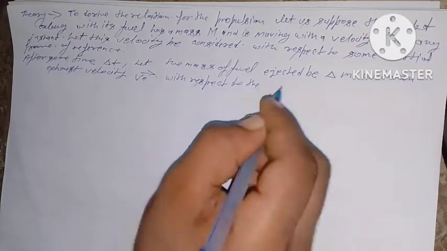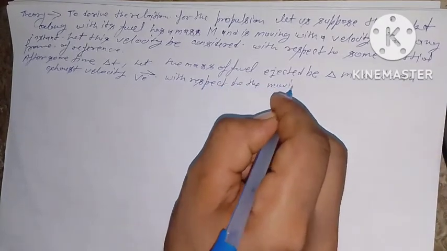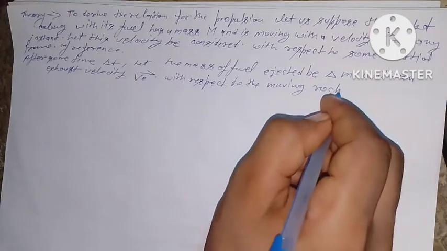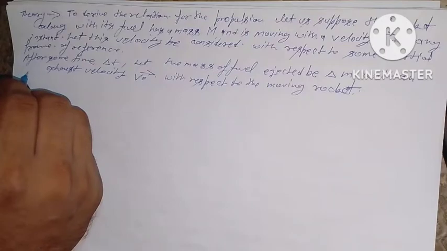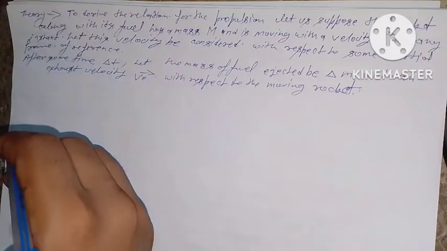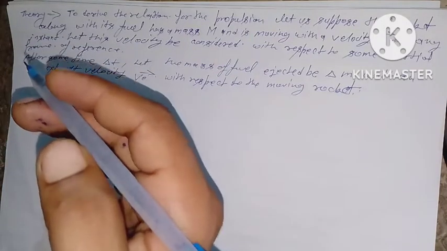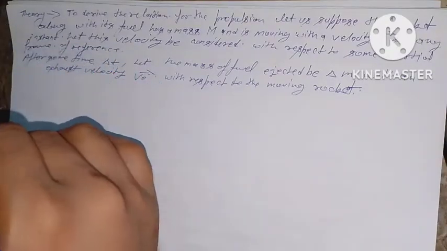The velocity ve is constant, being downwards relative to the rocket, is an intrinsic negative quantity.